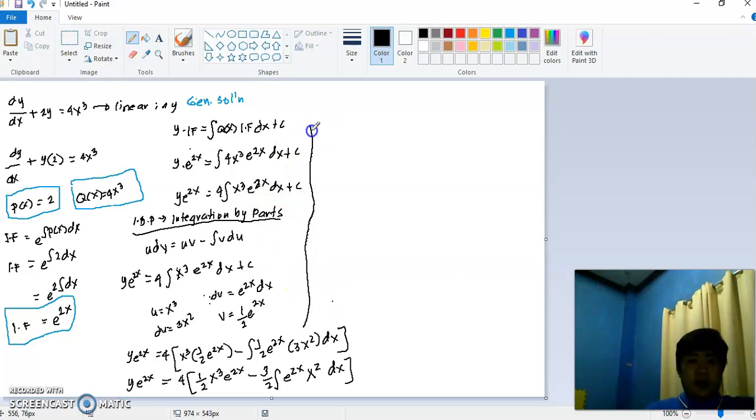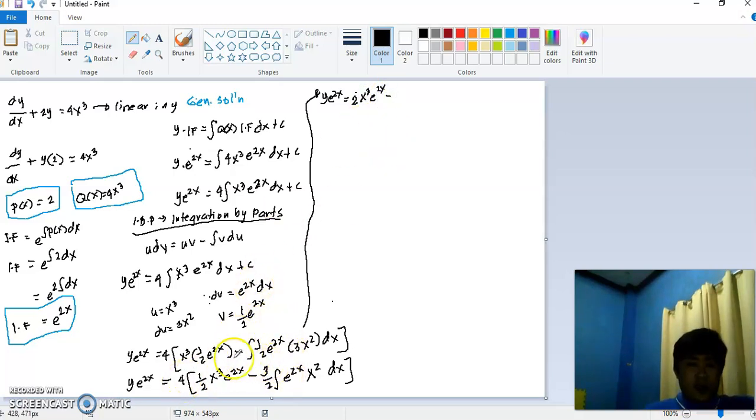Then we'll simplify it further. So from here, we have y e^(2x) equals 4 times 1/2, that is 2, 2x cubed e^(2x), minus 4 times 3/2.